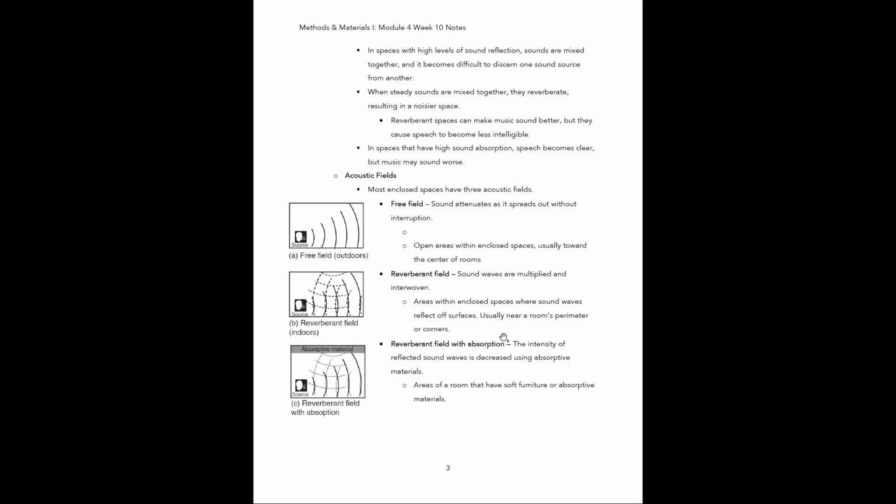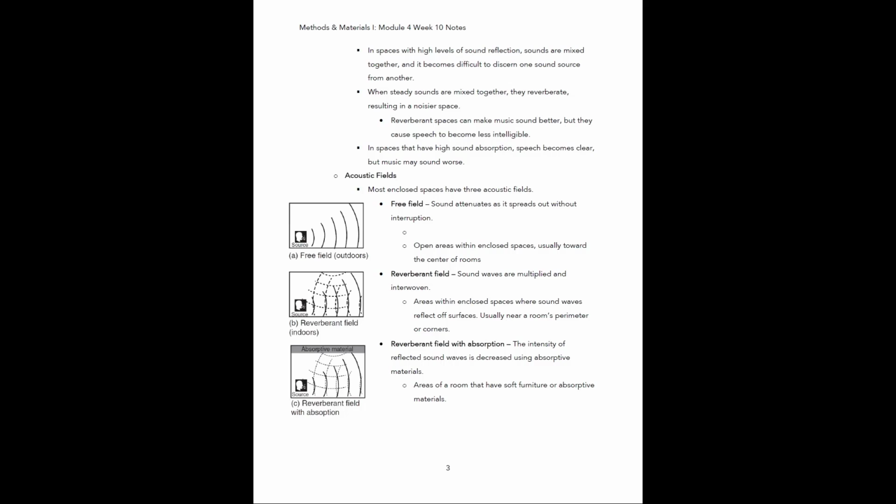And then a reverberant field with absorption is basically the same thing as a regular reverberant field, but these are areas where we have some kind of absorptive material applied to the surface, and that is absorbing some of those sound waves and causing them to reflect less.